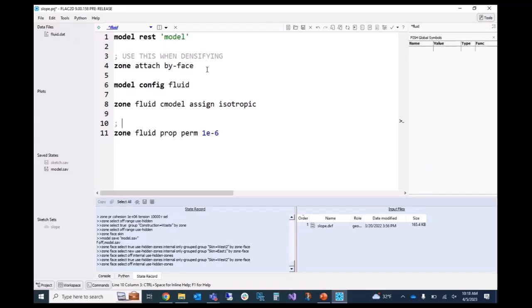But in the short term, be aware that the fluid permeability in FLAC2D is the permeability that you're used to, probably in the world of civil engineering, which is in something like meters per second. You need to take that and divide by the unit weight of water to get the FLAC permeability. So this is actually 1e minus 2 meters per second, right? Because the unit weight of water is roughly 1,000 times gravity, so 10,000.